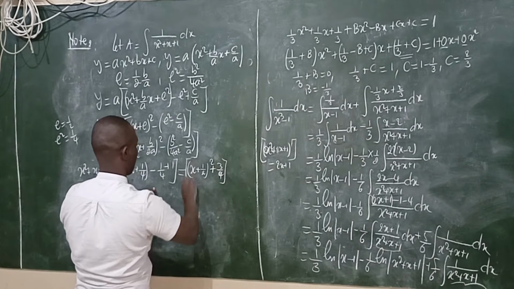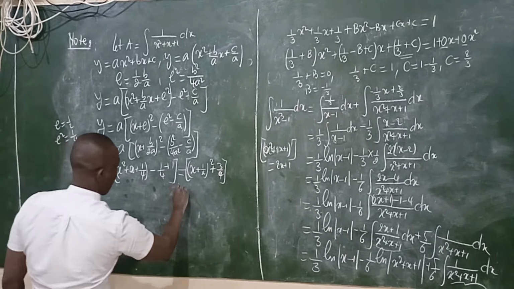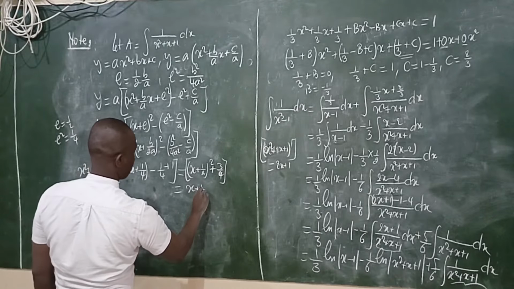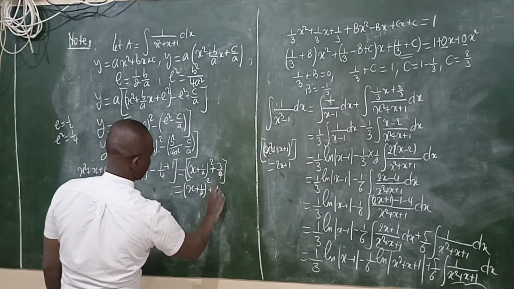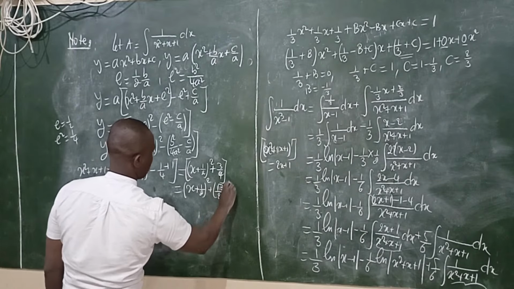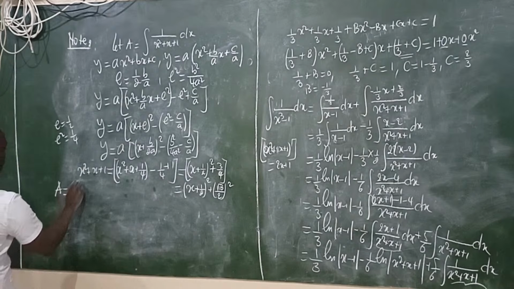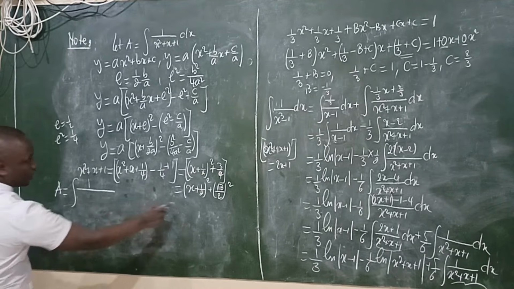Now, in perfect squares, we have the square of x plus a half plus the square root of 3 by 2 squared. Okay, now A is going to be the integral of 1 over this.